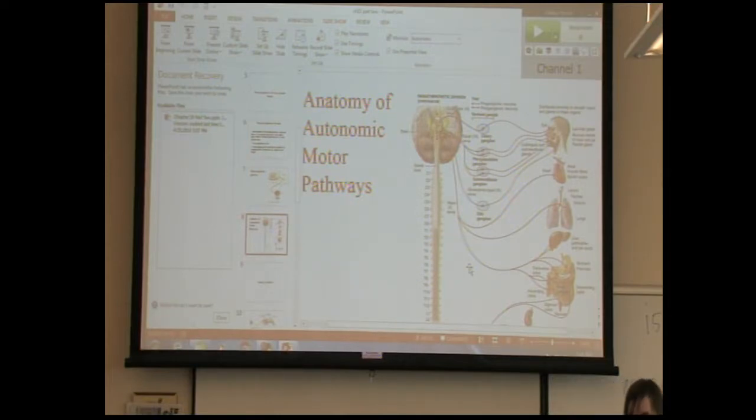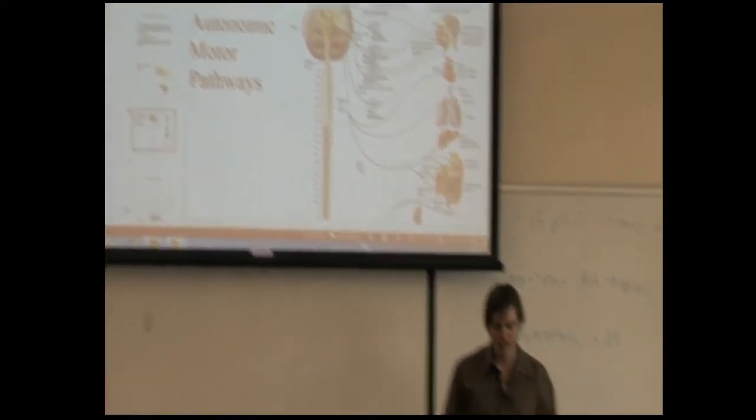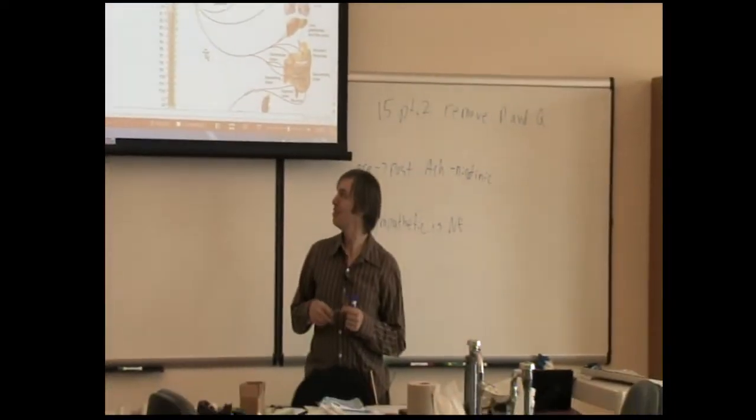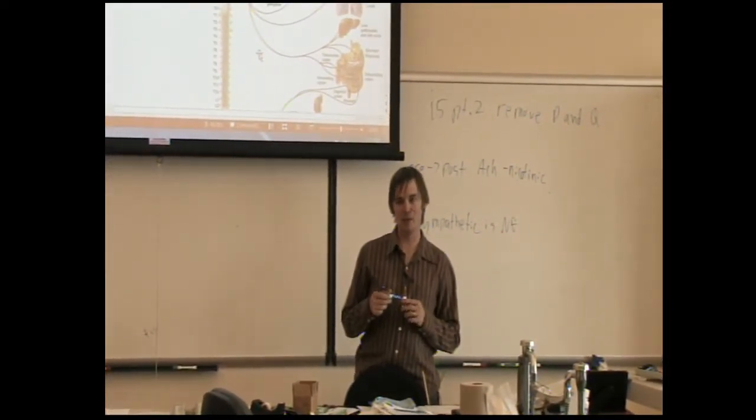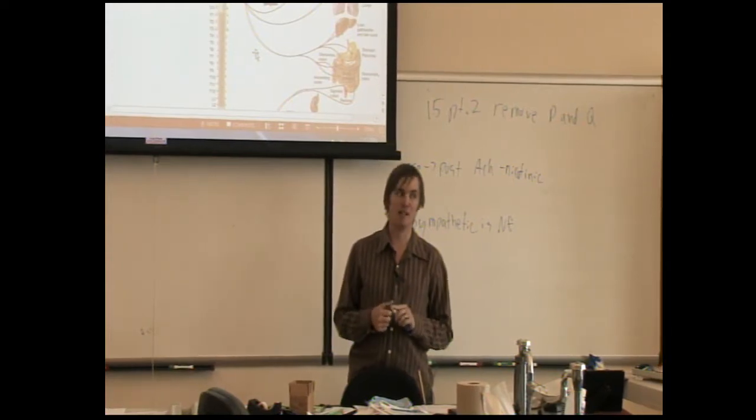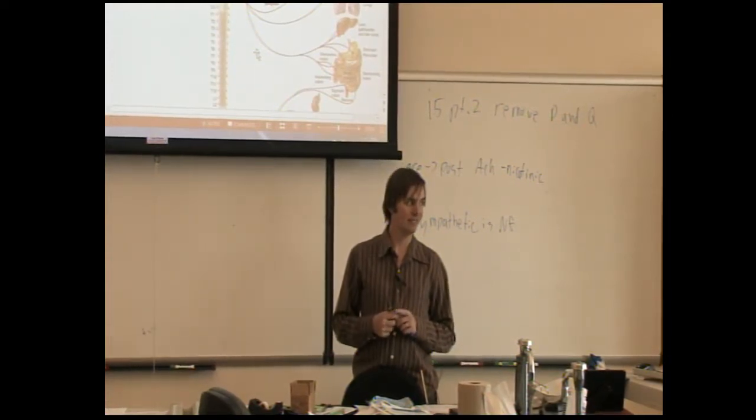As long as you can describe what that chart or diagram means, it'll be pretty easy. And as a reminder, for all of these, if you don't tell me about the preganglionic and the postganglionic neuron, you're not going to get all your points. Do you want us to write that before and say the next step here?